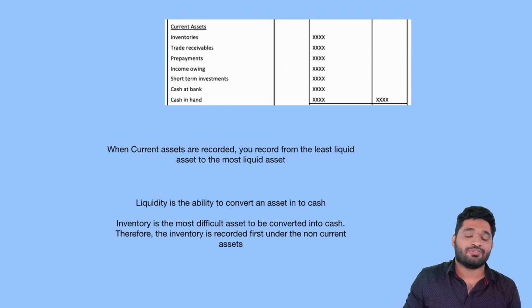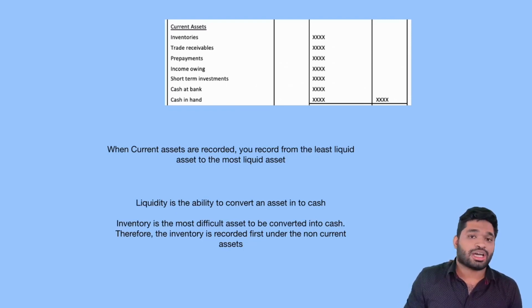Now, when you look at inventories, to convert inventory into cash, you have to go through a rigorous process of advertising, promoting, right, and all these supporting activities together, right? It's not easy to convert inventory into cash, right? So the least liquid asset of the organization is going to be your inventory.